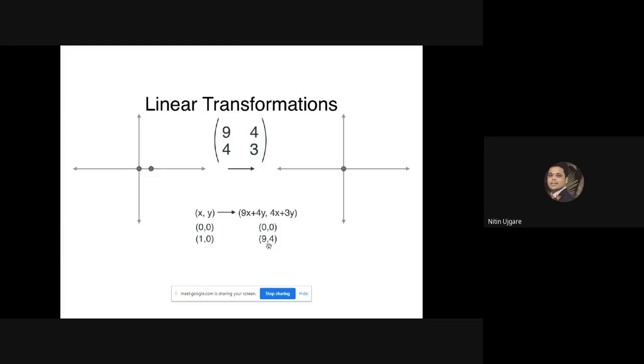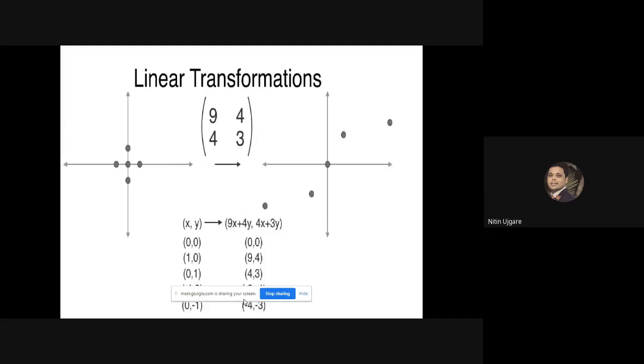So 9 plus 0 is 9, and then 4 into 1 is 4, plus 3 into 0 is 0, so 4 plus 0 is 4. So the new position of this point in this hyperplane will be at 9, 4. So something like you can see here.